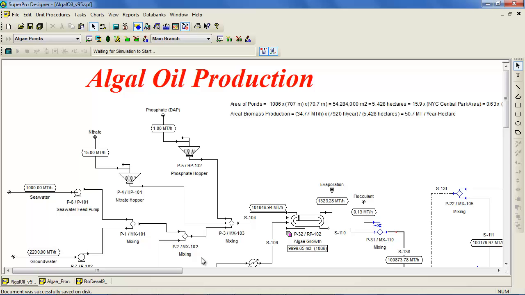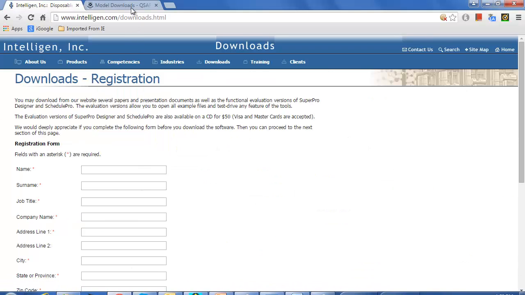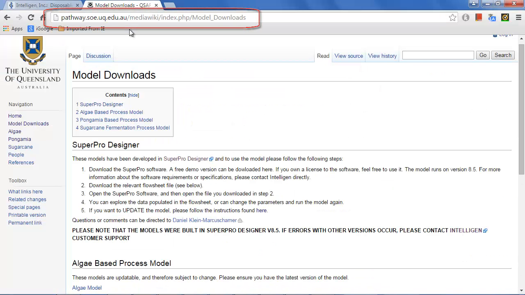The SuperPro model that you see here was created by simplifying and adjusting a related model developed by Dr. Daniel Klein Markashammer at the Joint Bioenergy Institute in Emeryville, California. Dr. Klein Markashammer's original SuperPro model can be downloaded from this webpage.